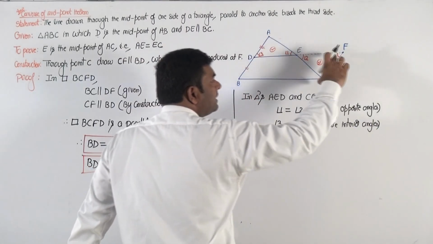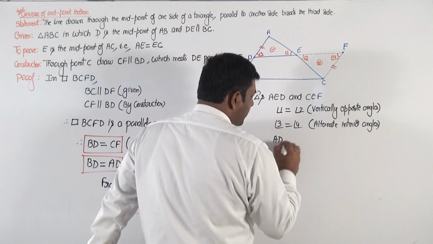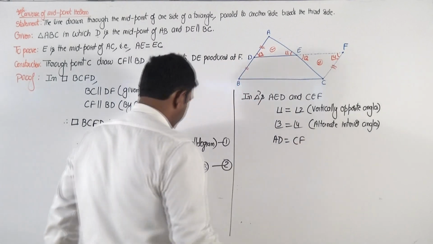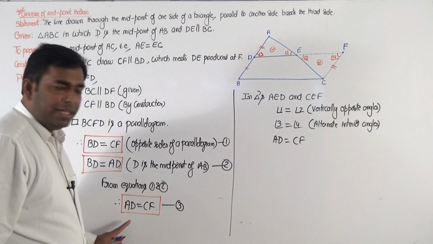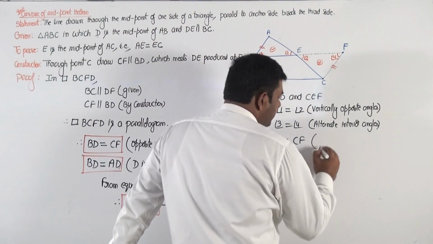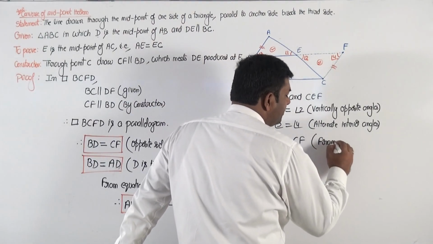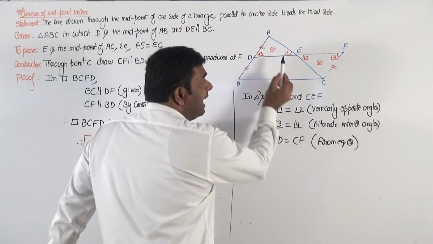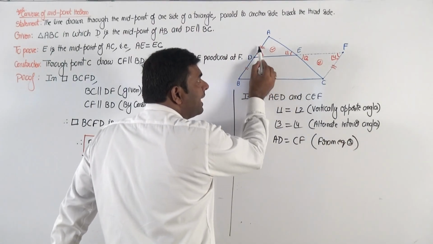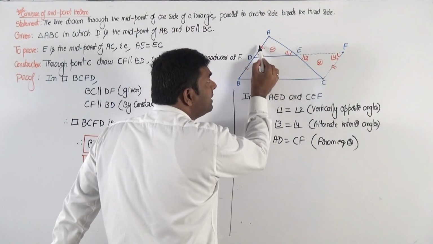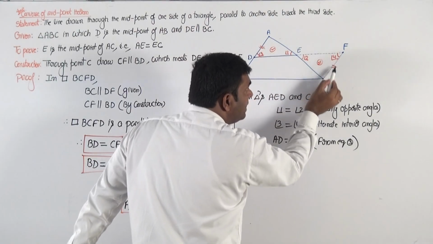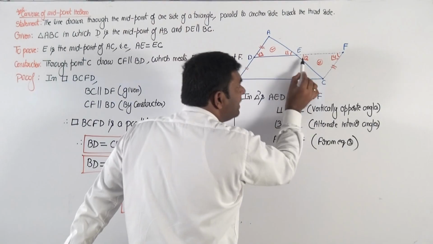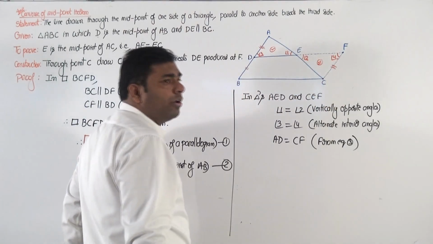And AD is equal to CF. We have proved AD is equal to CF. This is from equation number 3. So look at here. Angle angle side, AAS congruent criterion.